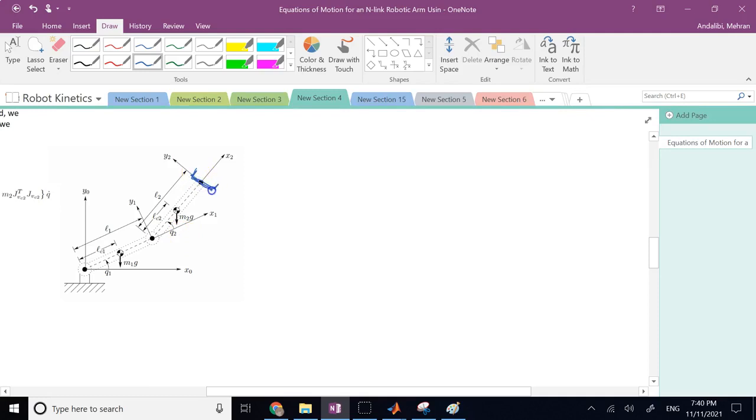If I want this end effector to only move in a horizontal direction, so it is limited to move inside a horizontal guide like this, and I have to keep the motion of this end effector entirely within that guide, then the only velocity this end effector can have, v, is going to be horizontal.